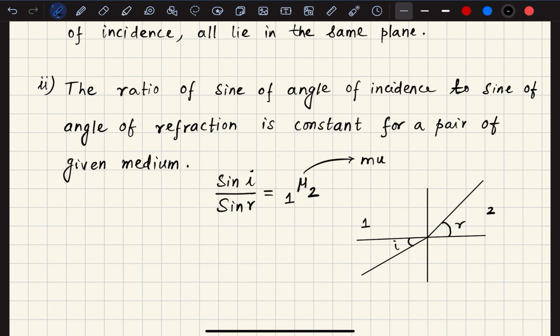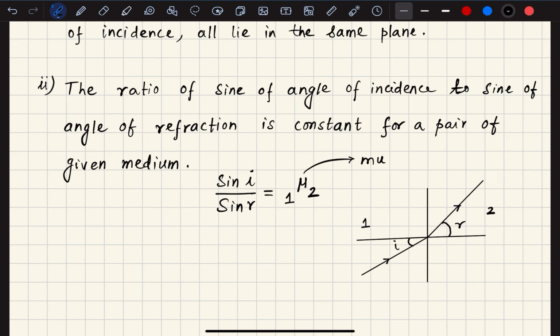So sine i by sine r is basically from medium 1 going to medium 2. Arrows are very important, because if you do not give arrows in ray optics or geometrical optics, your marks will be deducted tremendously. It should be given 0 actually. So if we are writing sine i, that means this incident angle is lying in medium 1, and when we are writing sine r, this is lying in medium 2.